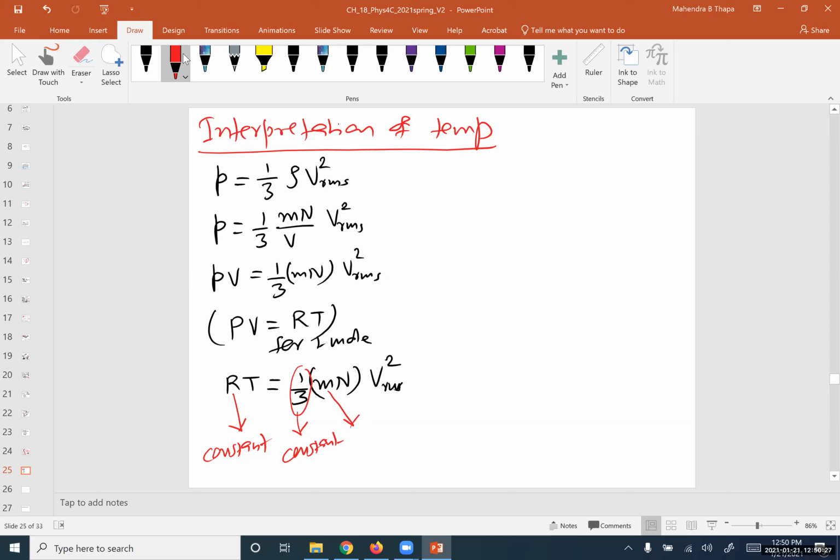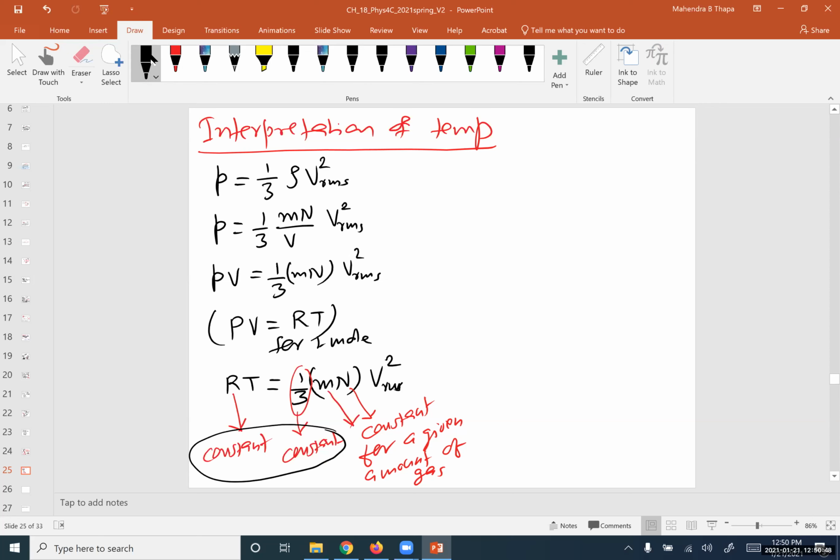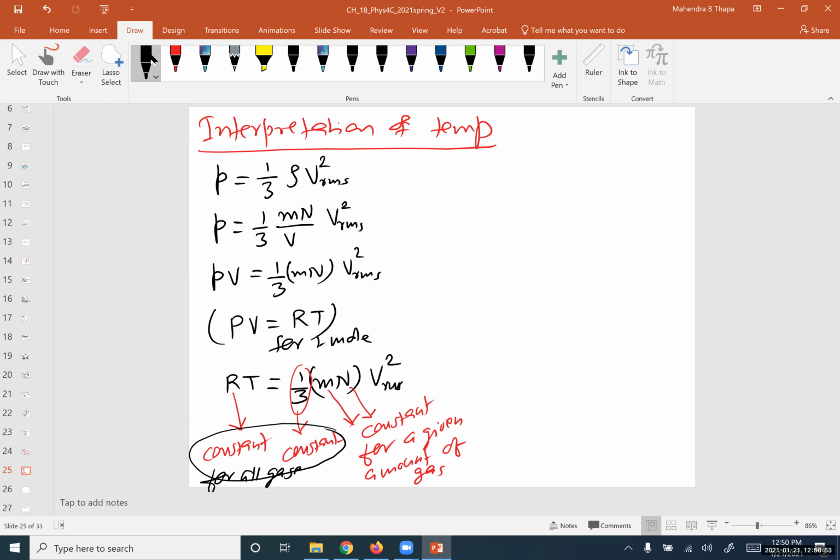This m and n are constant for a given amount of gas. But be careful that these two are constant for all gas, but the others depend on the system, which kind of gas we are taking.